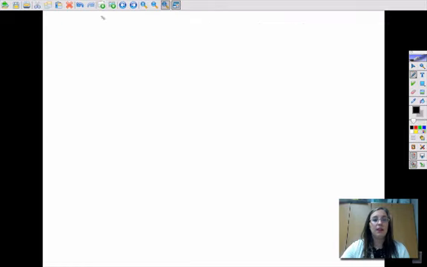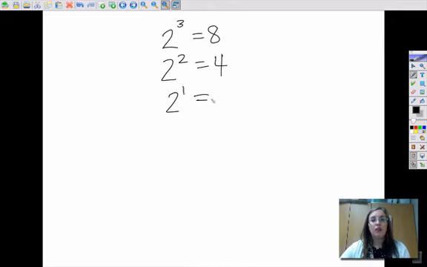This has to do with negative exponents, and also 0 exponents. So let's look at using 2 as the base. If I have 2 to the 3rd, I get 8, right? If I have 2 squared, I get 4. If I have 2 to the 1st, I get 2, right? And what I'm going to look at is the pattern between these exponents.